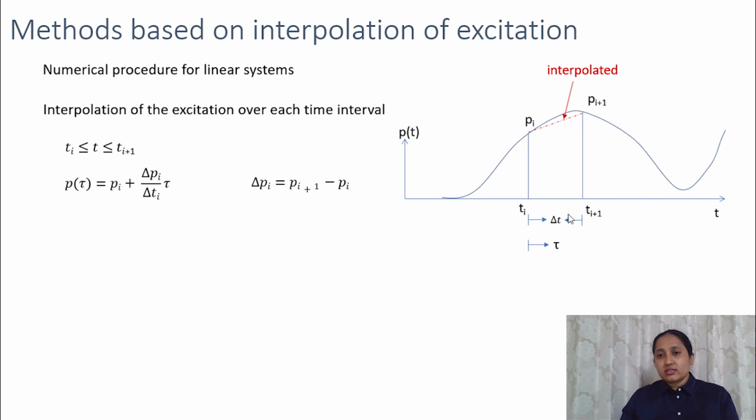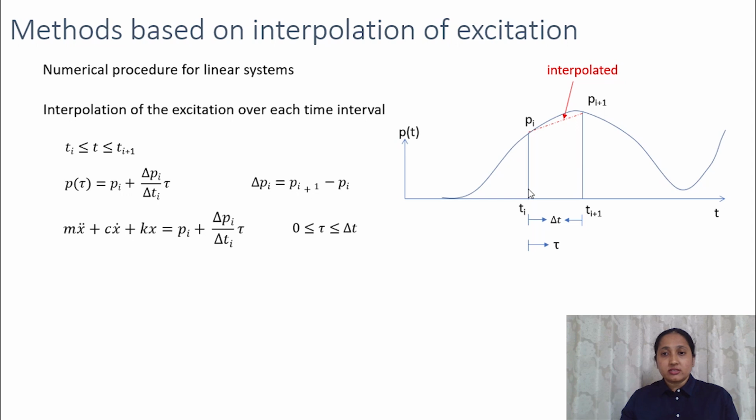So tau is the time variable in this interval, and delta Pi is the difference between Pi plus 1 and Pi. So delta Pi is equal to Pi plus 1 minus Pi, and delta Ti is Ti plus 1 minus Ti, that is this time interval. So this is the forcing function for this interval.